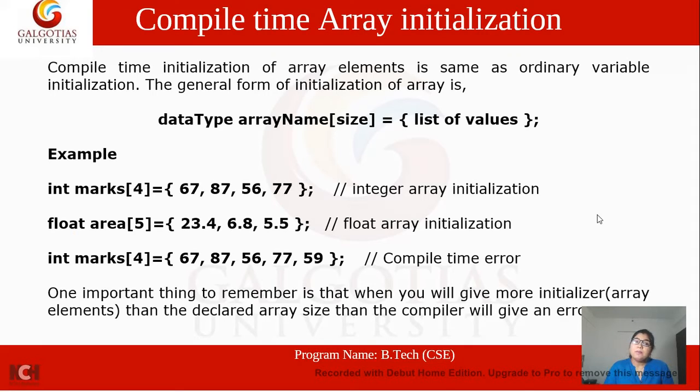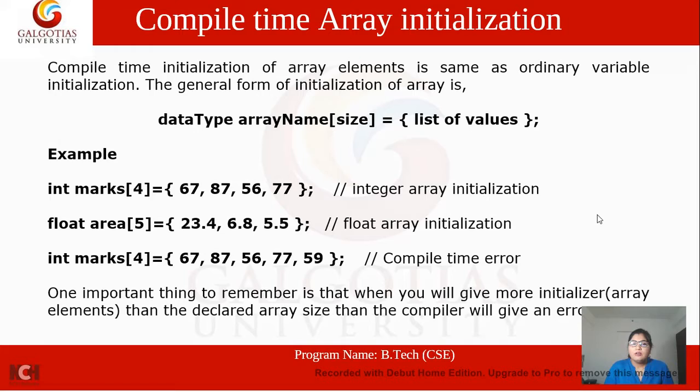Compile time array initialization is exactly the same as ordinary variable initialization. We already did the general form in the previous lecture with the normal syntax, where we declare the array and, with the declaration itself, initialize the array.